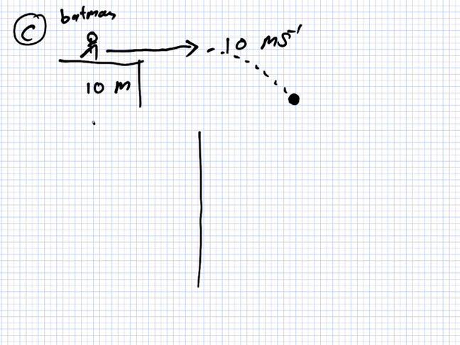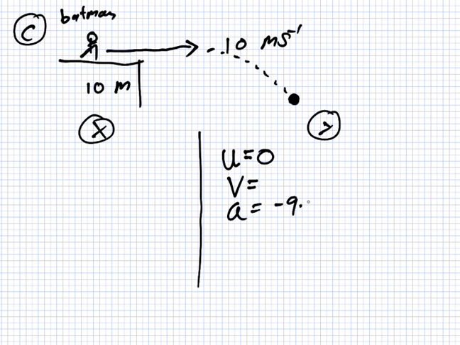Let's have a look at the X and let's have a look at the Y. So firstly, the Y. What's U? Zero. Very good, Amanda. V? Don't know. A? Minus 9.81. T? Don't know. S? Minus 10. He goes down 10 in the Y. So what formula?